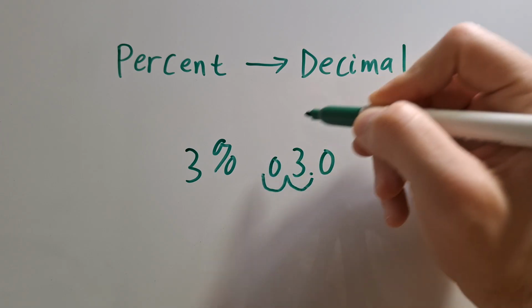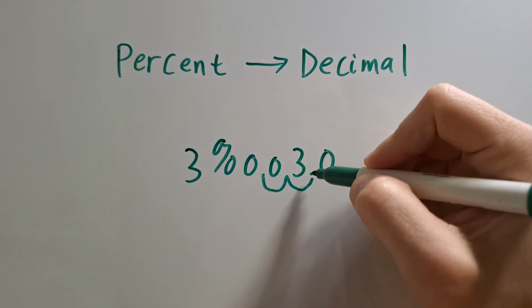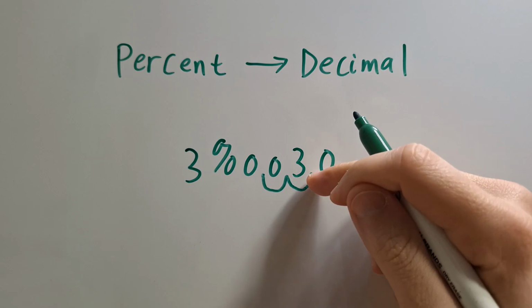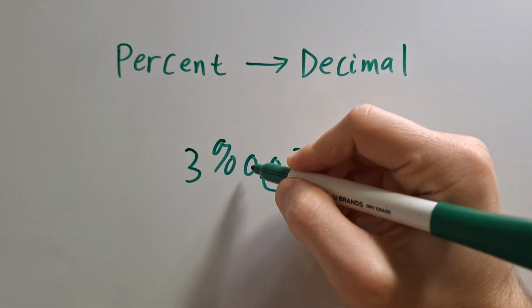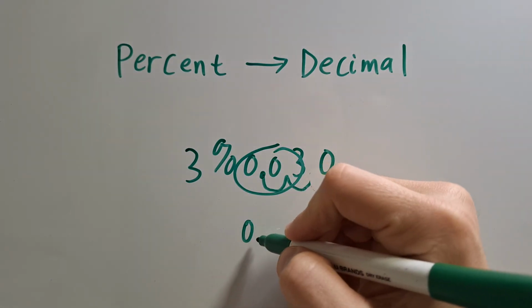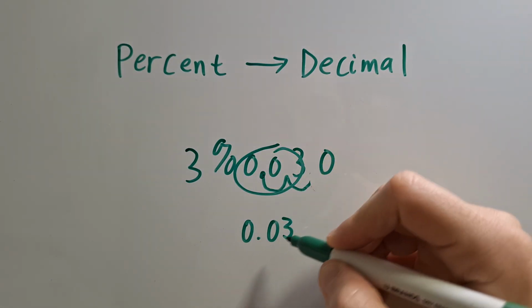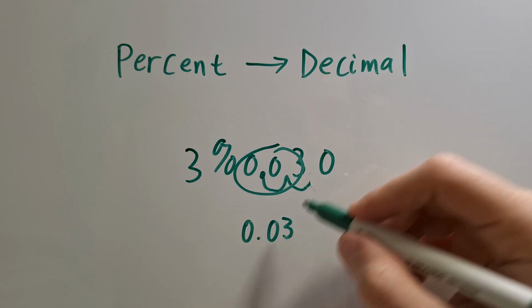And I will place zeros in between these markings here. So now instead of my decimal point being here, it's now here. And that number is 0.03. Or 3 hundredths would be another way to look at it.